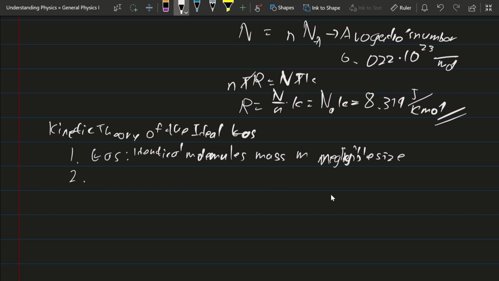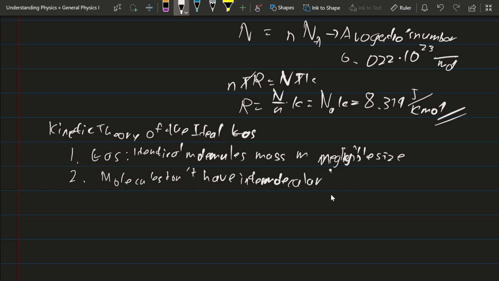Second, the second assumption is that the molecules don't have intermolecular potential energy.